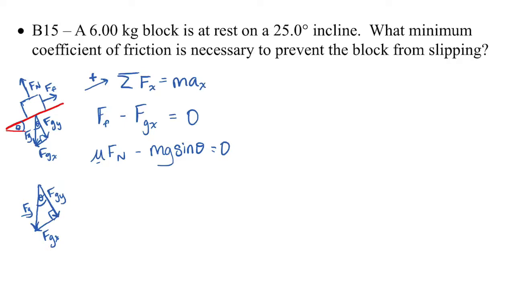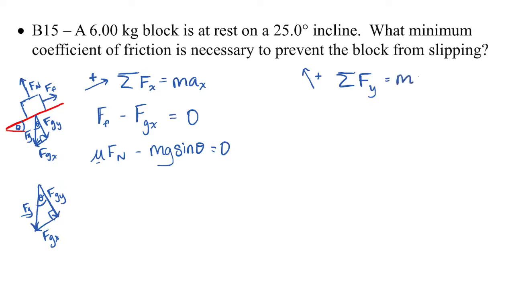Oh, I think I know a way to find Fn. Usually I have to go over to the y direction to do that. So that's what I'm going to do. So here the y direction is perpendicular to the incline. And I'm going to go ahead and say, well, we might as well define the direction of the normal force to be positive. Again, if something's not moving, then I don't care which direction is positive or negative.